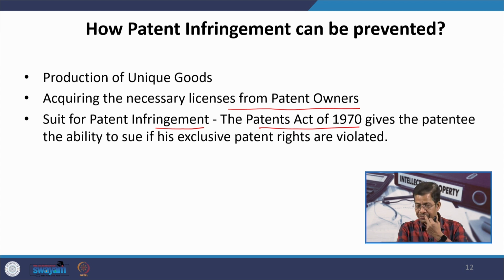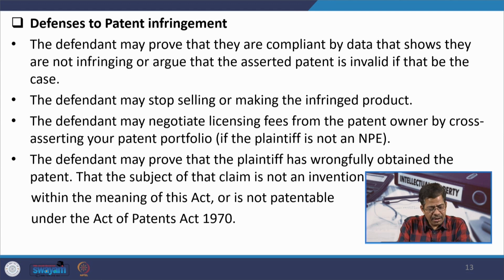if your exclusive rights are violated. Now, when your exclusive rights are violated, you have defenses to patent infringement. Now, the defendant may prove that they are compliant by data that shows they are not infringing, or argue that the asserted patent is invalid, if that be the case. Somebody has put a blame on me that I am infringing the IP of ABC company.